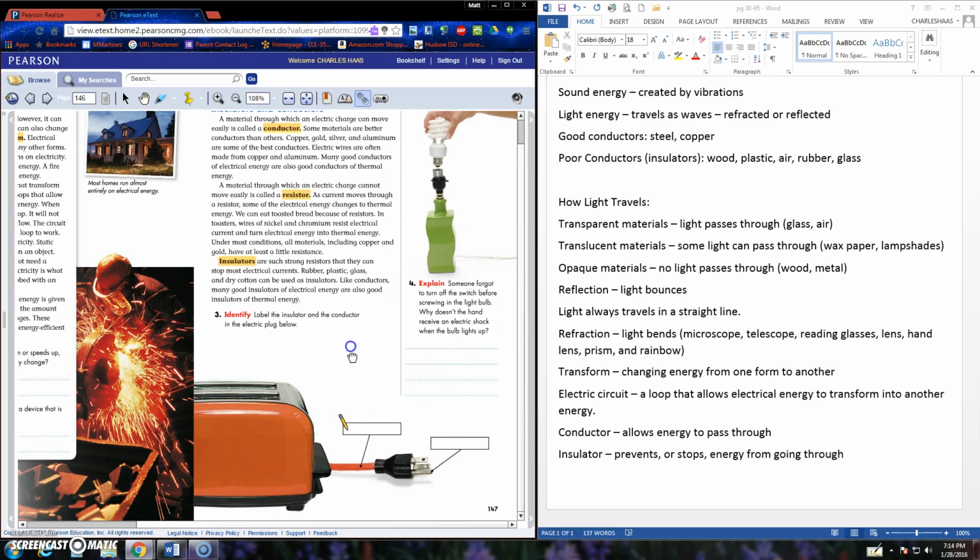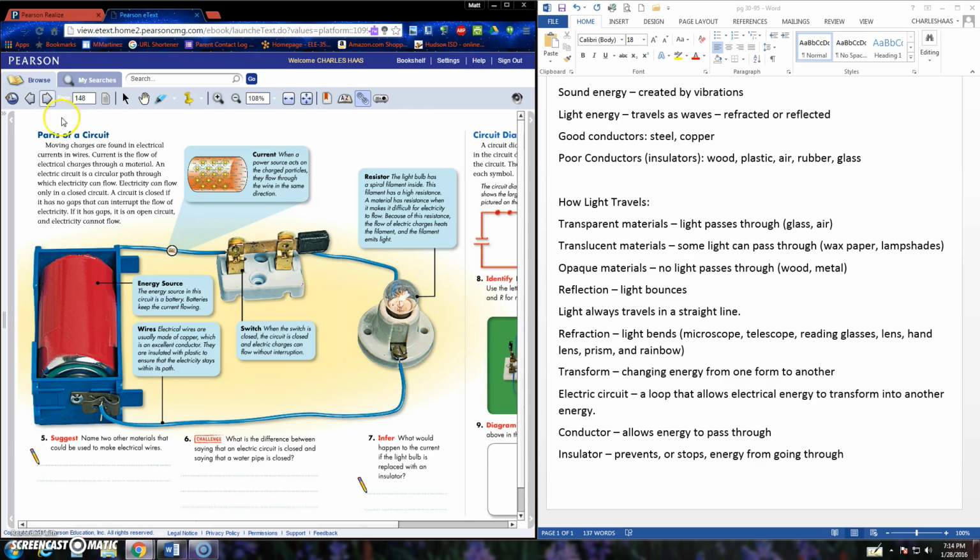So here's a great picture you can label right here. 2 different parts of the wire from the toaster, and you should know what this is pointing to and what word goes here. It's either insulator or conductor, and you should know what word goes right here. Since it's pointing to the metal part, it's either insulator or conductor. So y'all can push pause and answer the question. Make sure everybody has it correct.